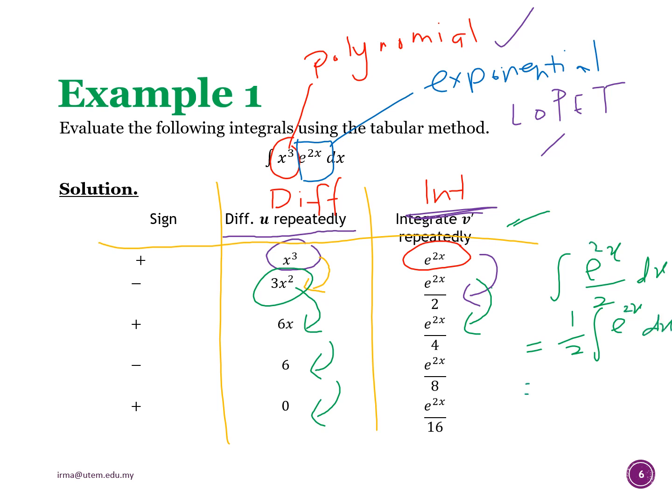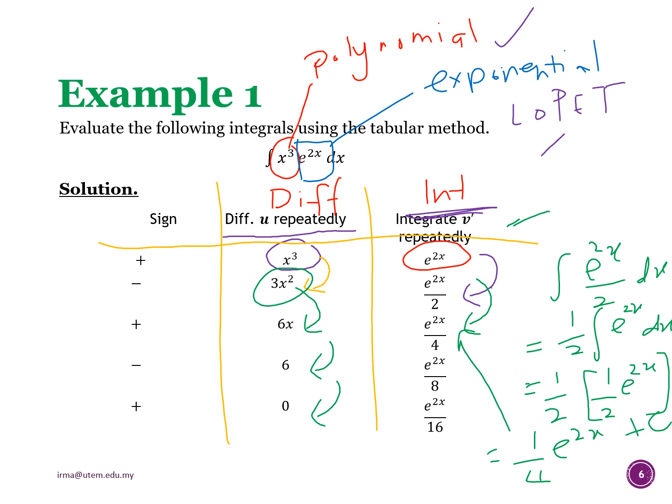So you will get 1 over 2, and then integrate e to the x, you get the same power. No need to put the plus c at the back. So you will have 1 over 4 e to the x for this one. And you proceed with the same procedure.